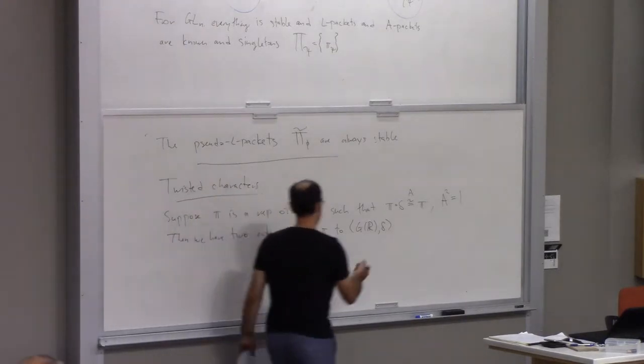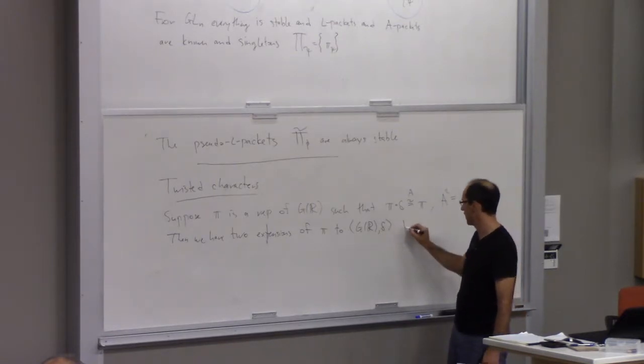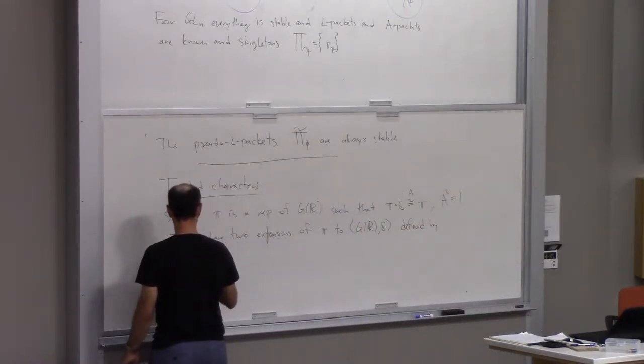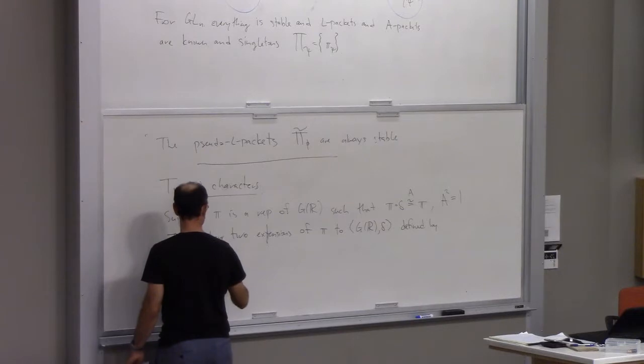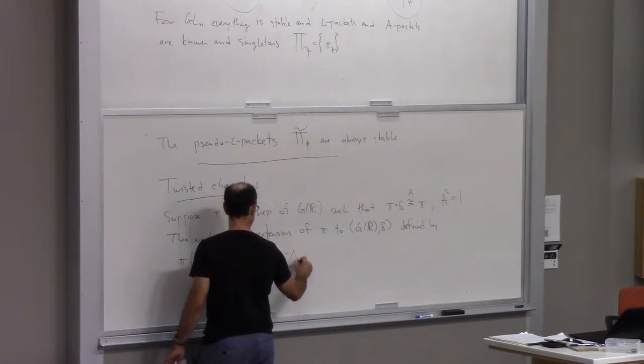And they're defined in the way that I mentioned: the two extensions are defined by pi(delta) equal to A, or pi(delta) equal to minus A.